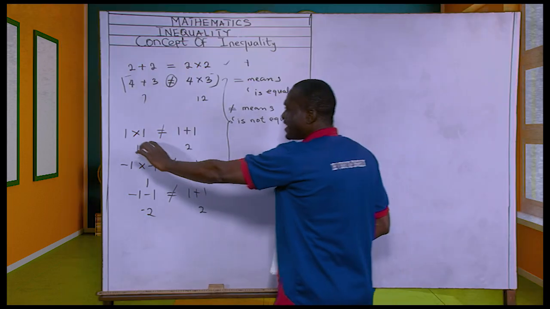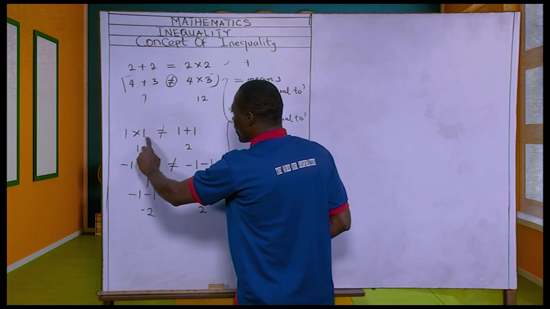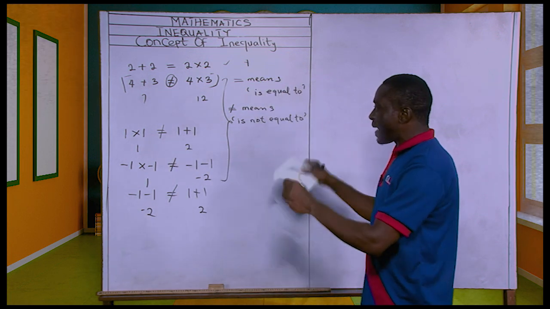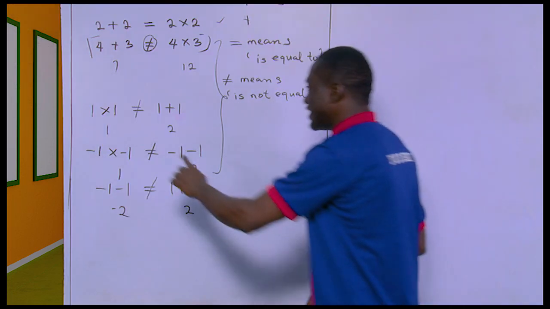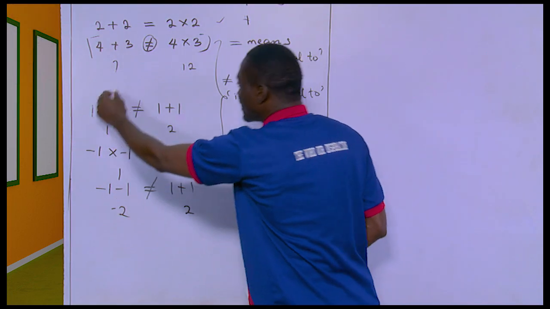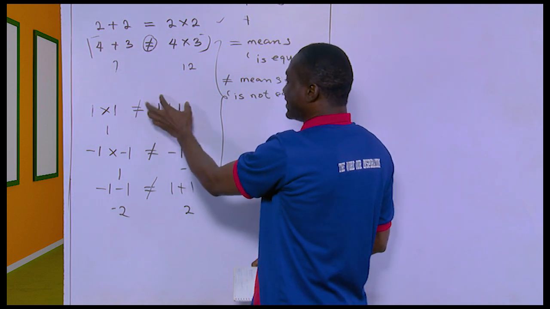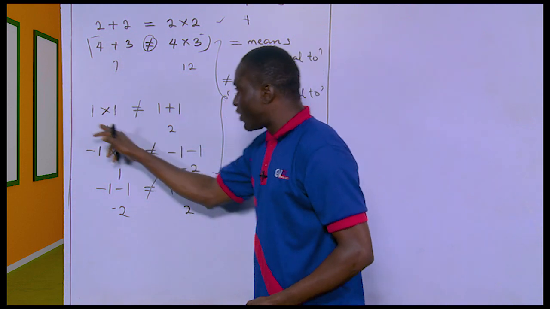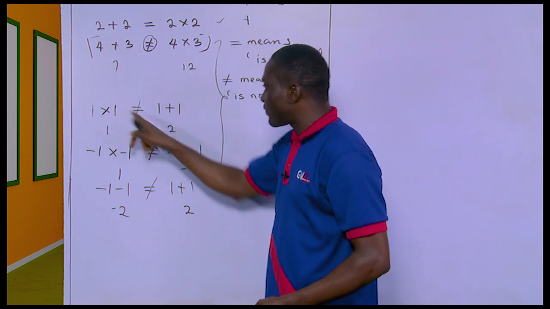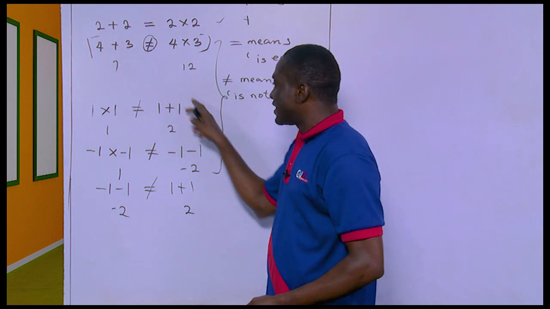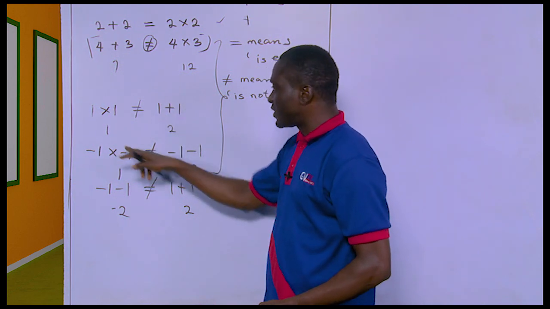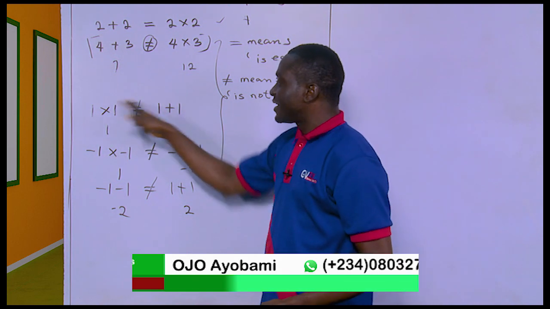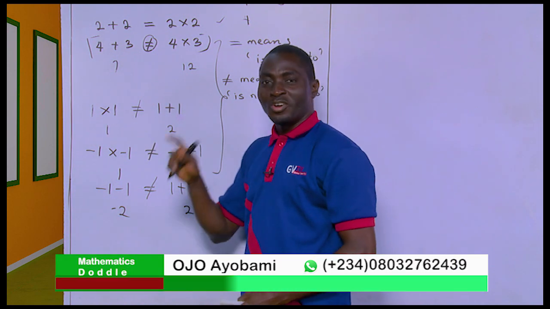Are you getting it now? Now, if we say 1 multiplied by 1 is not equal to 1 plus 1, what makes them not equal is that this side is lower than this side. The value of this expression is lower than the value of this expression, which is, 1 is lower than 2. That is why this statement is not equal.